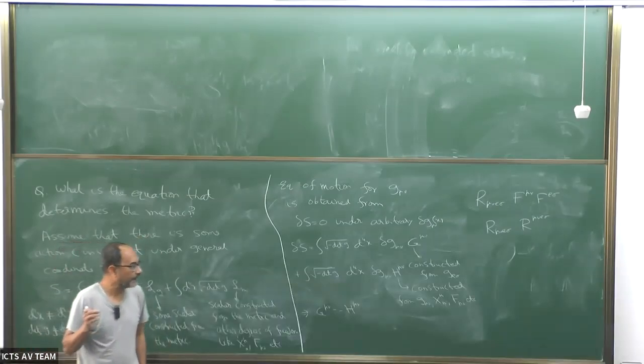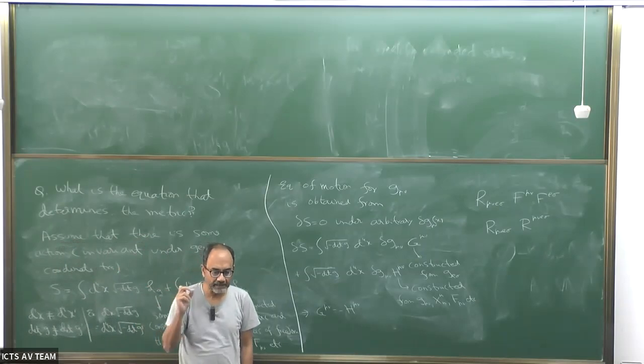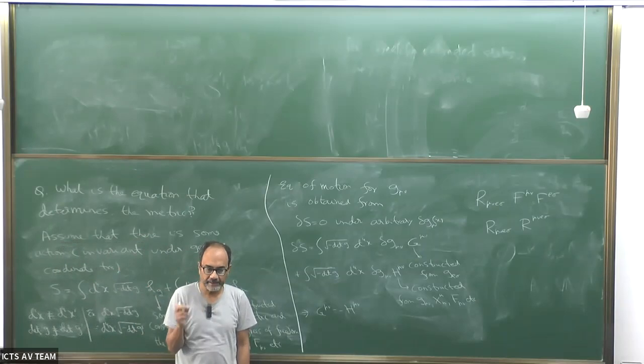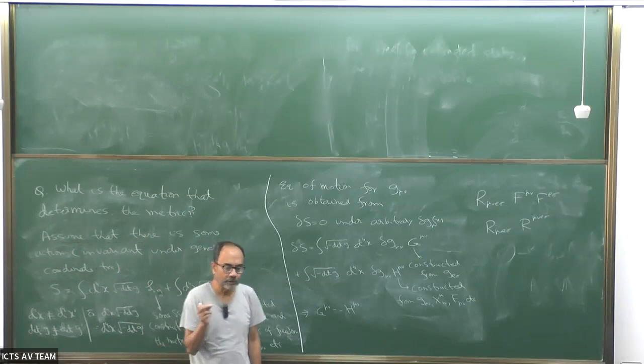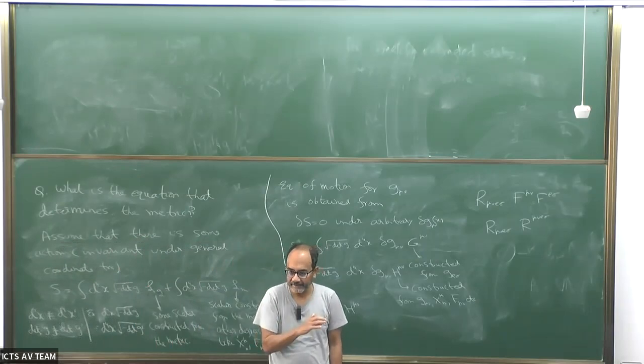So the next thing we'll try to do is to find the analog of that condition that we had seen earlier, that if you remember for the Maxwell field, right? Because of gauge invariance, we know that if you take the four divergence of the left hand side, it's identically 0.